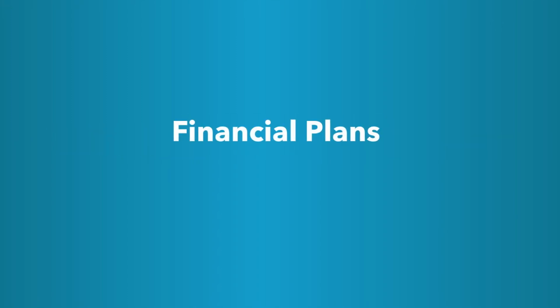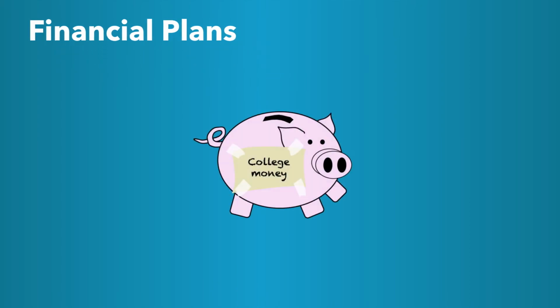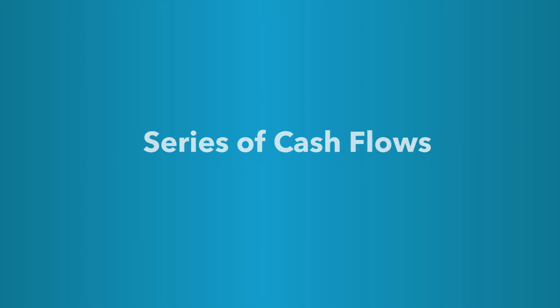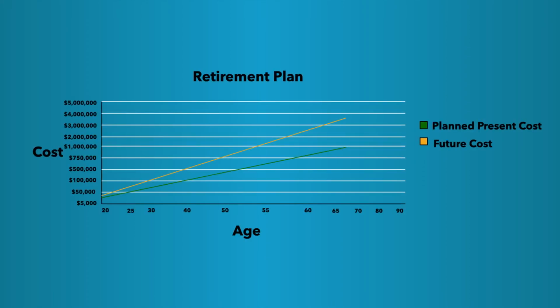Financial plans are expected to happen in the future, so financial decisions are based on value some distance away in time. You could be trying to project an amount at some point in the future, perhaps an investment payout or college tuition payment. Or perhaps you are thinking about a series of cash flows that happen over time, for example, annual deposits into and then withdrawals from a retirement account.